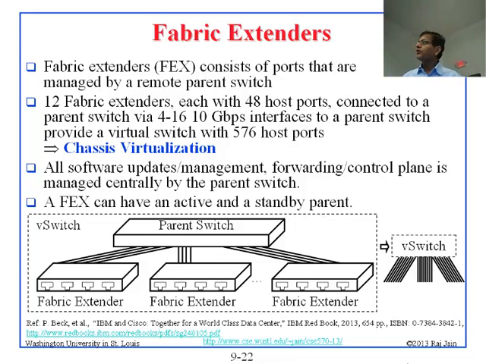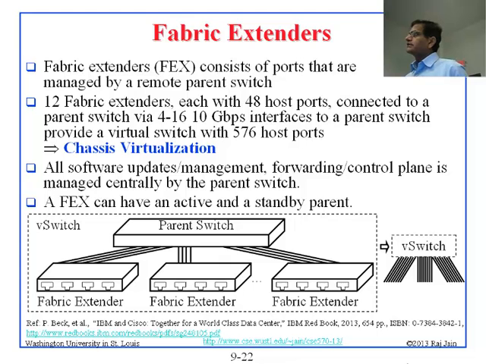Then, one more technology which came from Cisco is the fabric extender. And this is getting even closer to combining. Basically, what they did was put some really simple boxes, called fabric extenders, that didn't have very high powered CPUs.